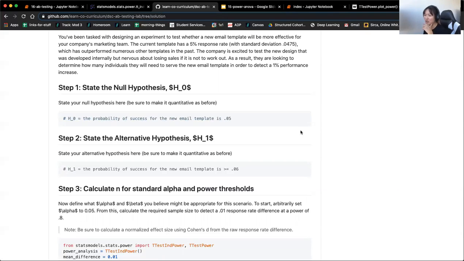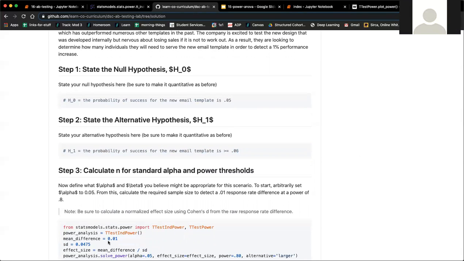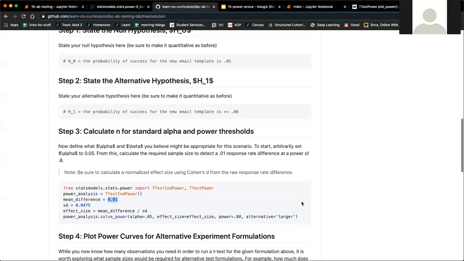I think it wouldn't make a big difference if you did effect size is 0.21 versus effect size is greater than 0.21, because it uses them for the mean difference. Yeah, right below. The mean difference is 0.06 minus 0.05, yeah.